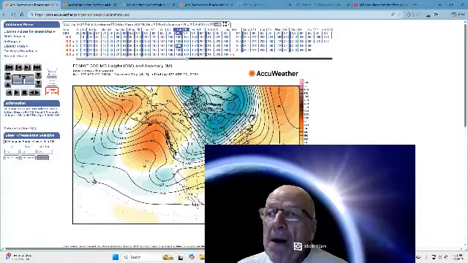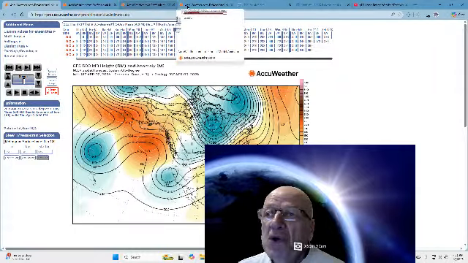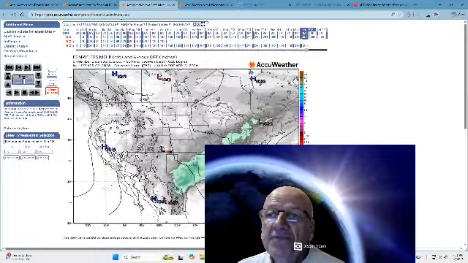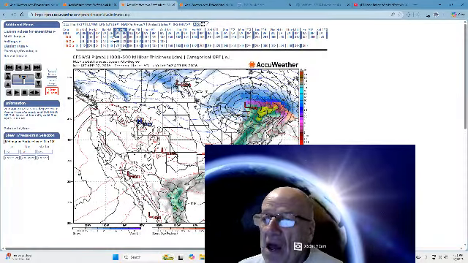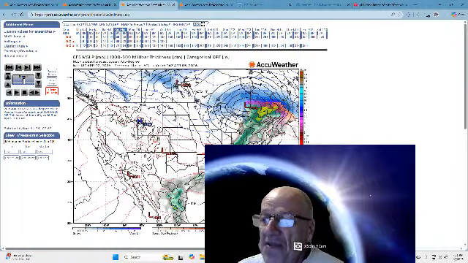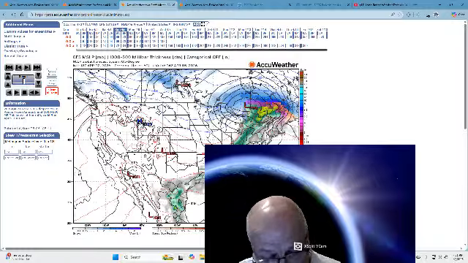Now, at the beginning of the period, let me go back, we'll go to the surface. We will have a system that will be lifting into Canada, and this will have a strong cold front accompanied to the south. This will push through the eastern states.